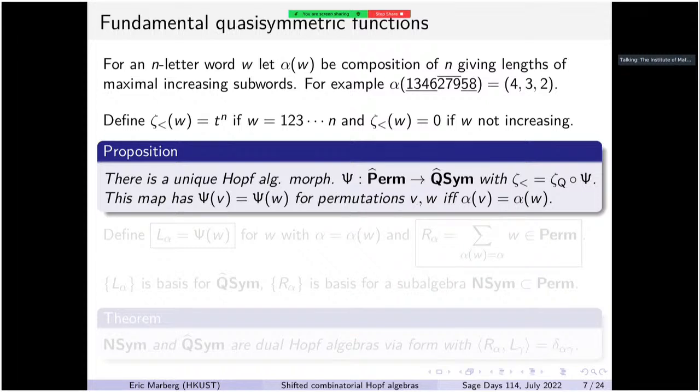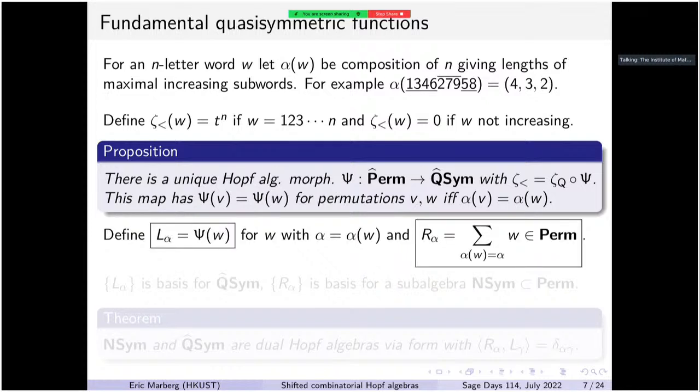And so as a consequence of this theorem on the previous slide, there is a unique Hopf algebra morphism from this Hopf algebra of permutations to quasisymmetric functions that satisfies this relation. In fact, by looking at the formula for the psi here, you can show that two permutations have the same image if and only if their associated compositions are the same.